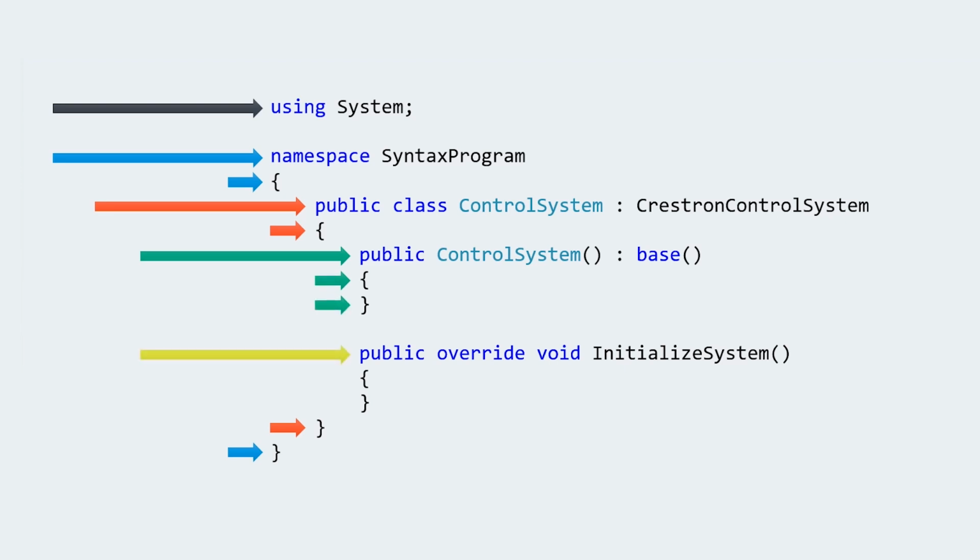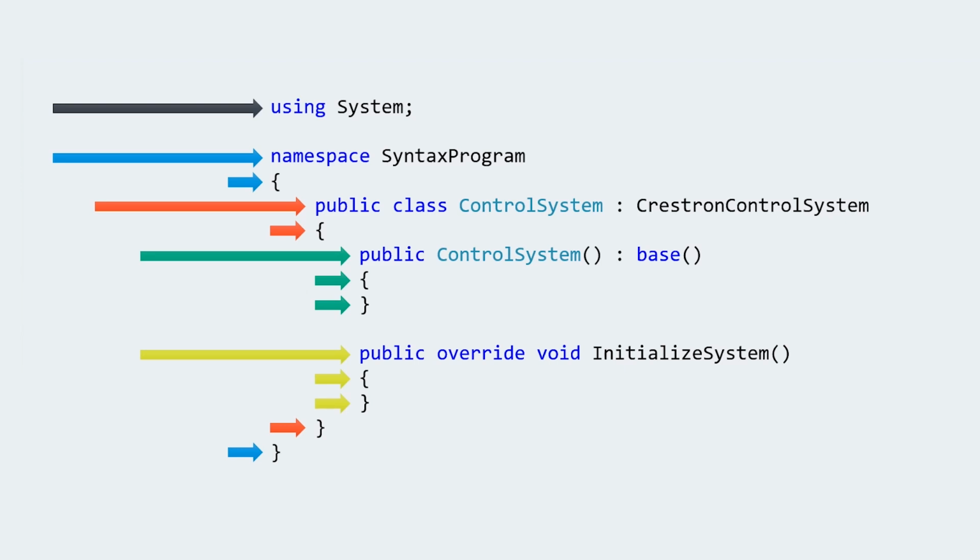Beneath the default constructor is the public override void InitializeSystem method, which is executed on program start immediately following completion of the default constructor. It too has a container for all methods and statements that will occur within it, denoted by open and close curly braces.